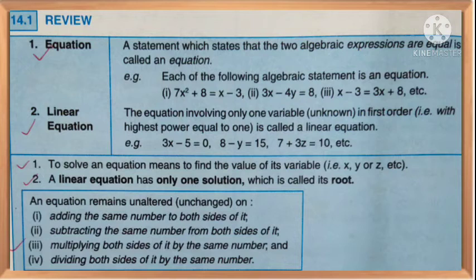Linear equation: an equation involving only one variable, that is an unknown variable, in the first order. It means the highest power of it is 1. For example, 3x − 5 = 0, 8 − y = 15, 7 + 3z = 10, etc. So dear students, to solve an equation means to find the value of its variable.